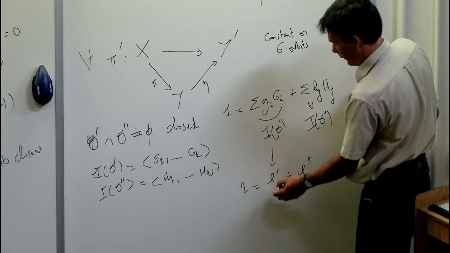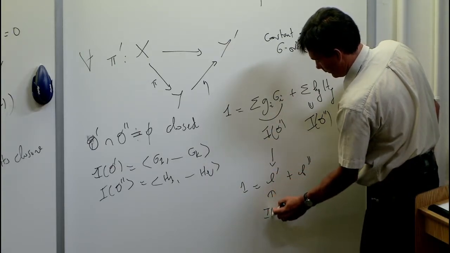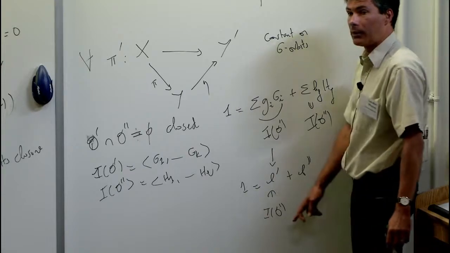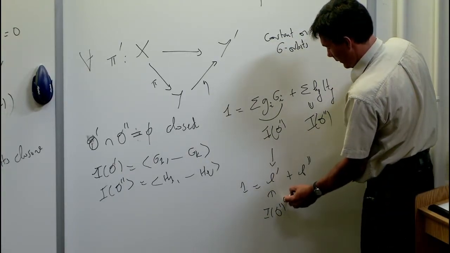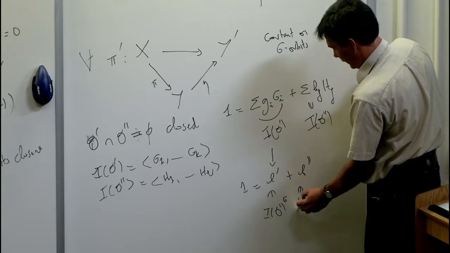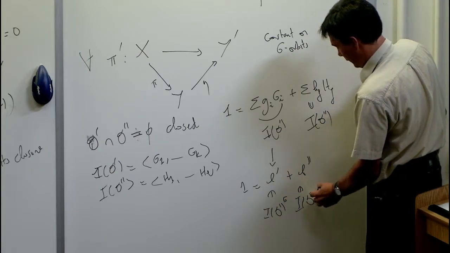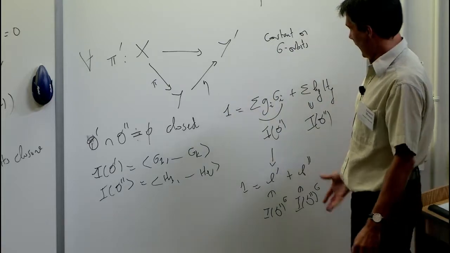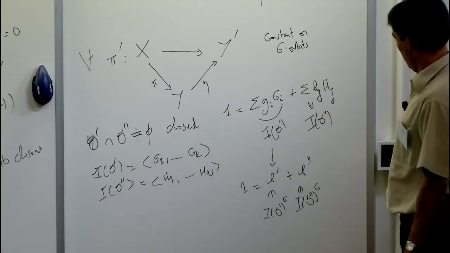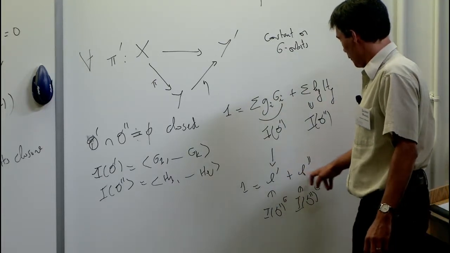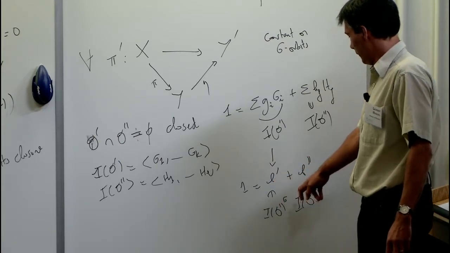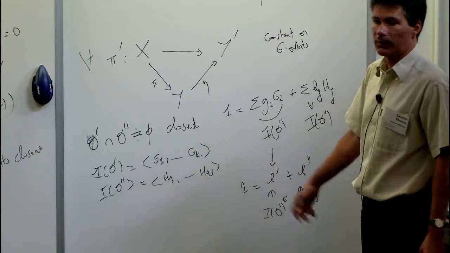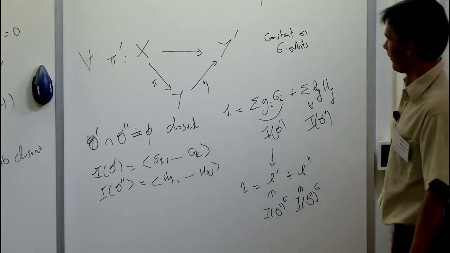This is G-invariant, so by the remark I've just made, it is still inside the ideal and G-invariant, and this one is inside the ideal of O second and G-invariant. So I find two G-invariant functions, one vanishing on O prime, the other vanishing on O second, and the sum is 1.